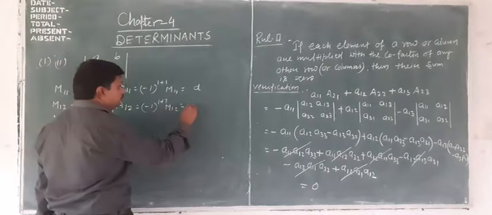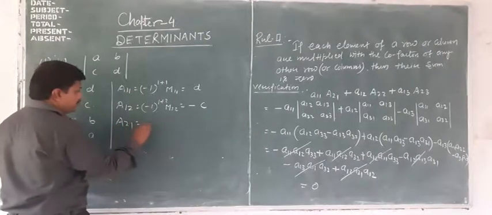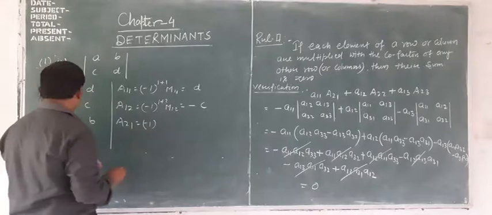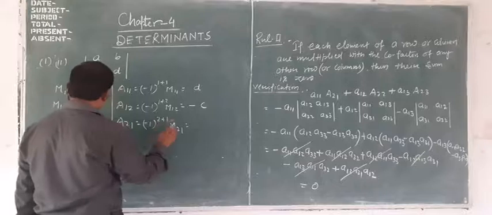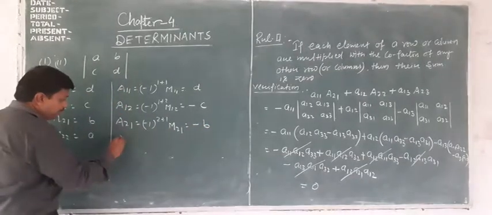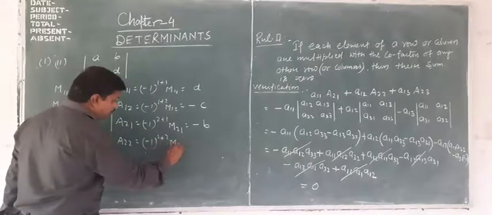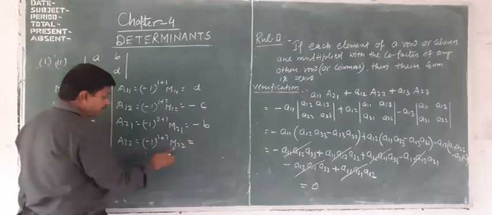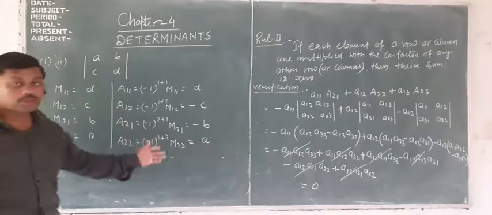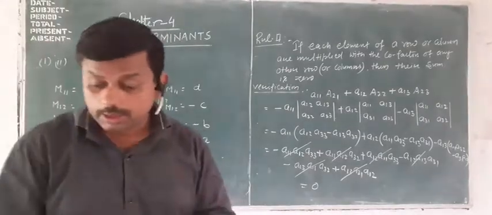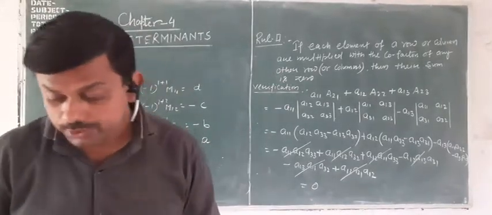So this is negative and m12 is c, so minus c. a21: minus 1 power 2 plus 1 into m21, this is again negative, so minus b. a22: minus 1 power 2 plus 2 into m22. So this is positive and m22 value is a. So these are the minors and these are the cofactors. Similarly we can find them for the other problem, number 2 and the first part of this question.